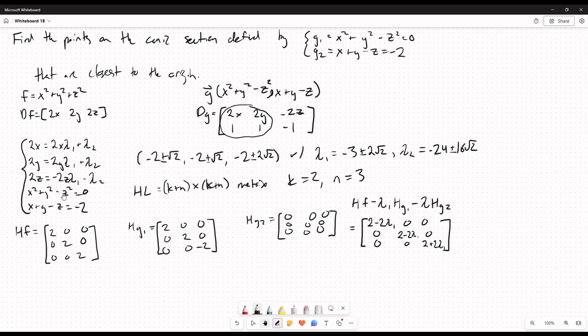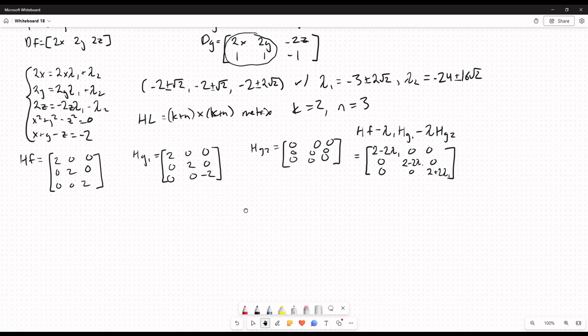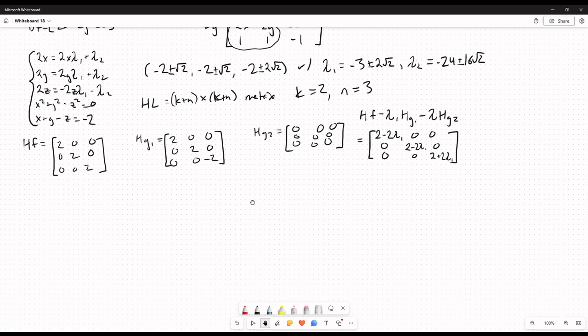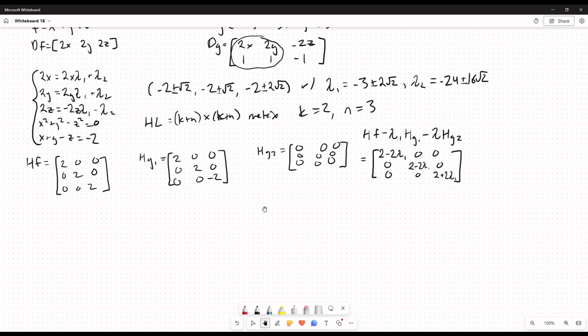And now we're ready to go ahead and put together our big Hessian of L. Oh, but I scrolled so that I couldn't see the matrix. There we go. So for a Hessian of L, we're going to have a block of k by k zeros. k in this case is 2, so we're going to have a 2 by 2 block of zeros.